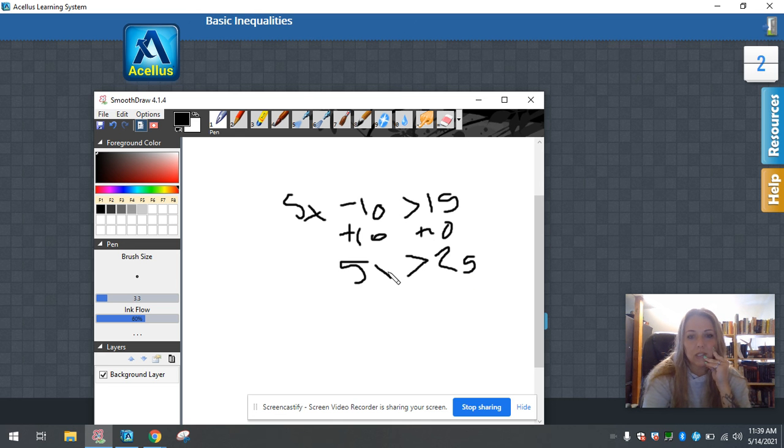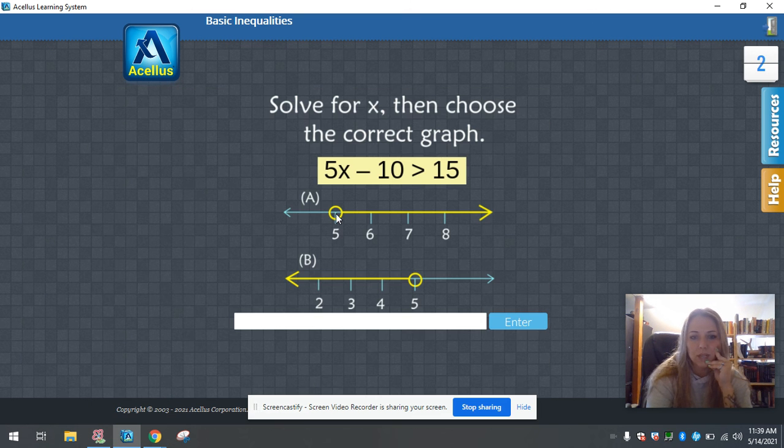We'll get the x by itself now by dividing both sides by 5. X is greater than 25 divided by 5, which is 5. So now I just find the graph that matches 5, showing x is bigger than all of them. All x values are bigger than 5 is A.